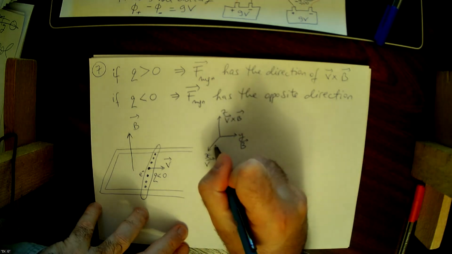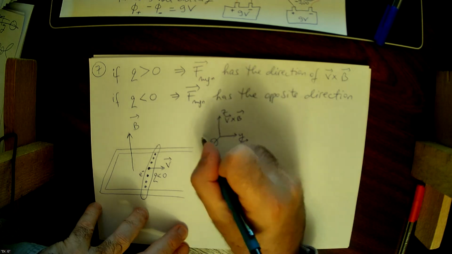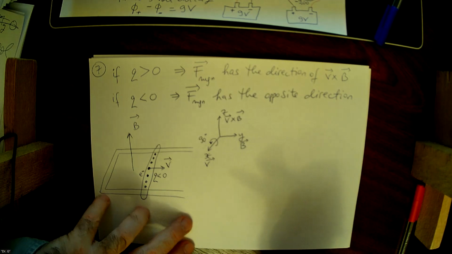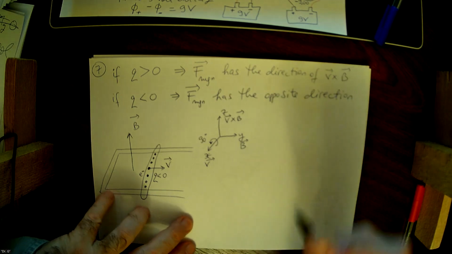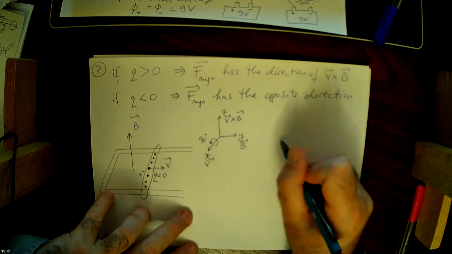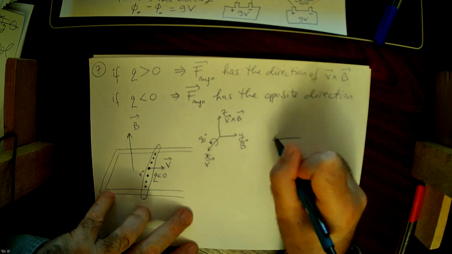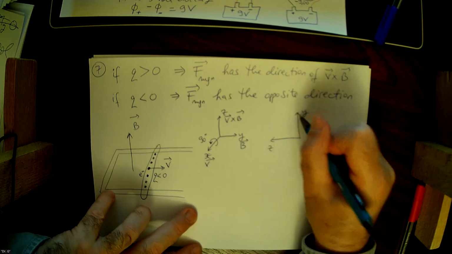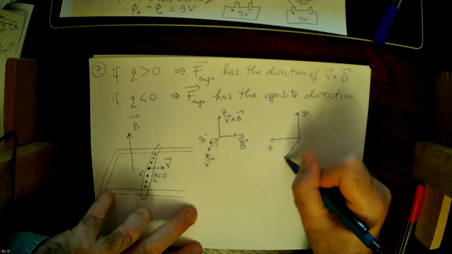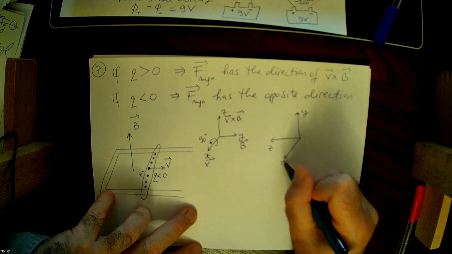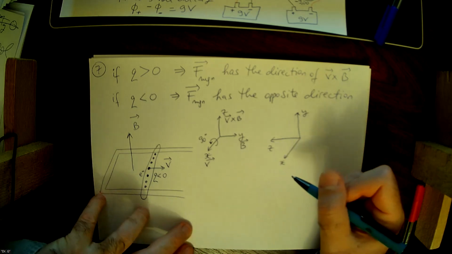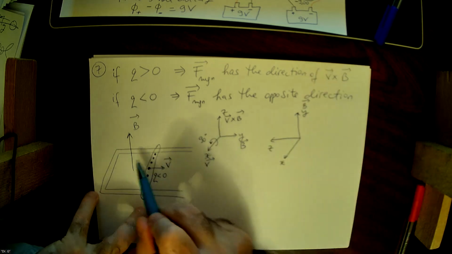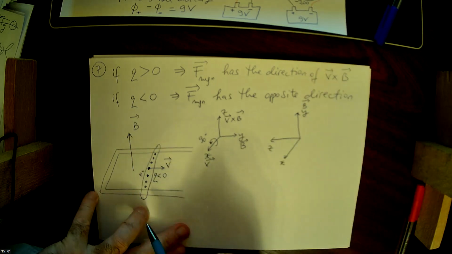I will rotate this 90 degrees around the x-axis. It will turn into something like this: Z, y, x. So the magnetic field is up like it should.